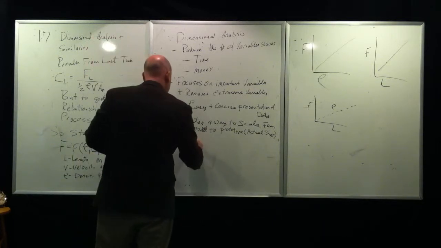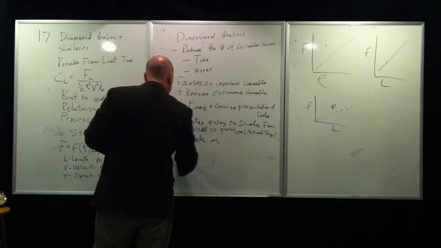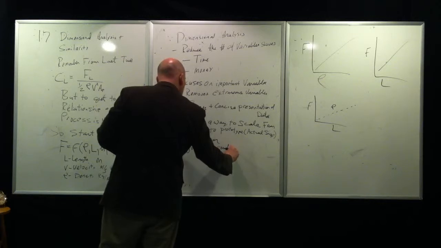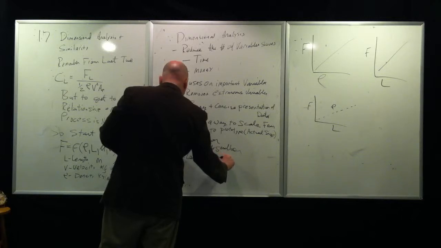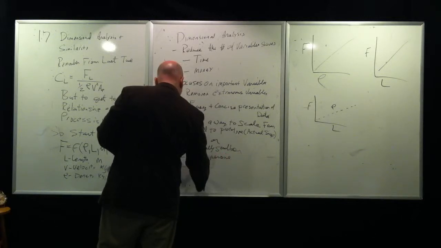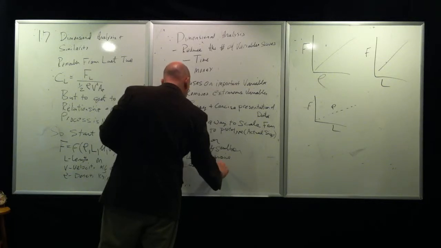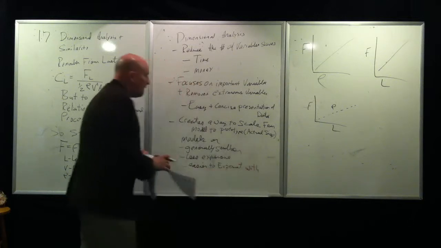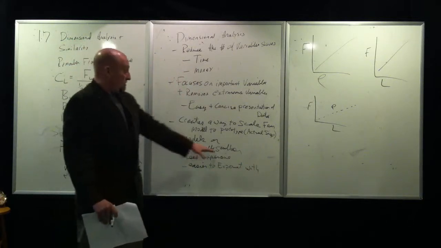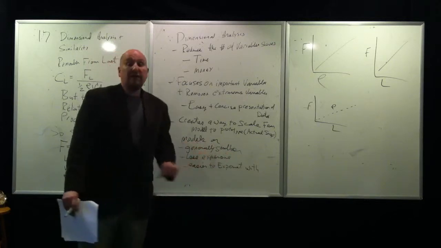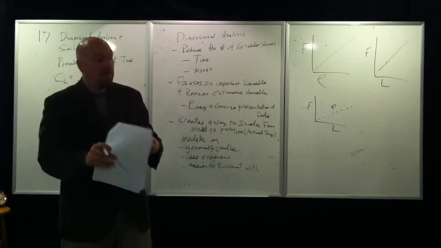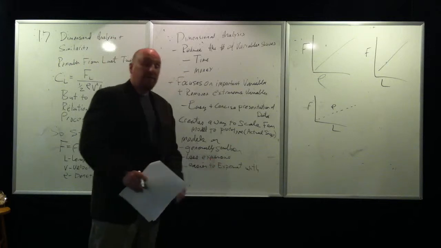Smaller models are generally smaller than the prototype, generally less expensive to build, less material, less detail you need to put, or less ability to make that model, and easier to have your experiments on.